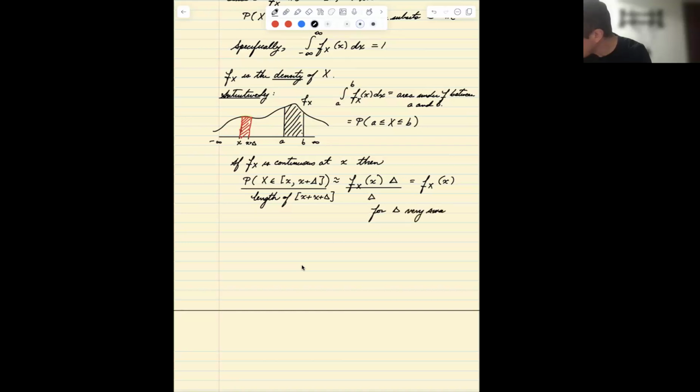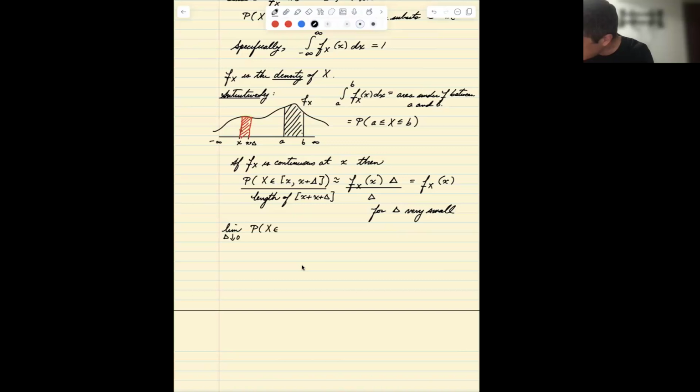So to formalize this, we would consider it as a limit, but intuitively speaking, we've already accomplished everything: we think about taking a really, really small window around x.